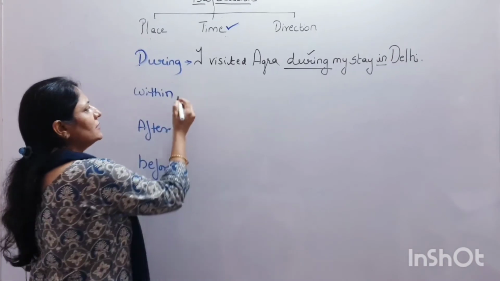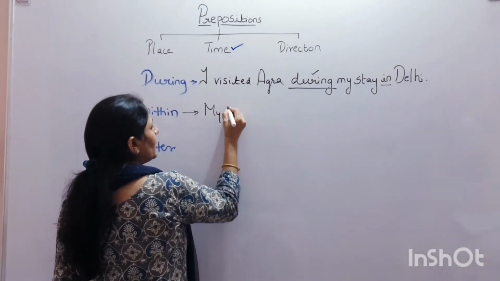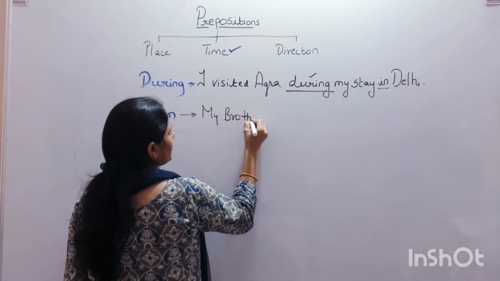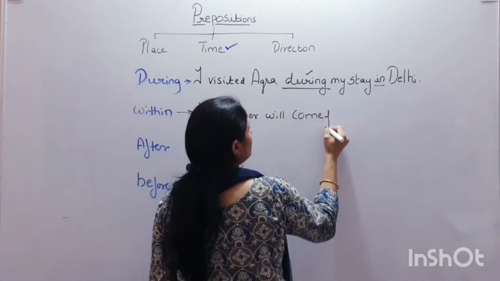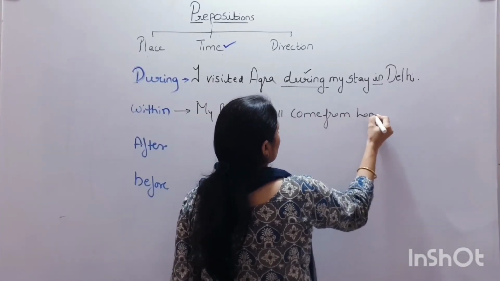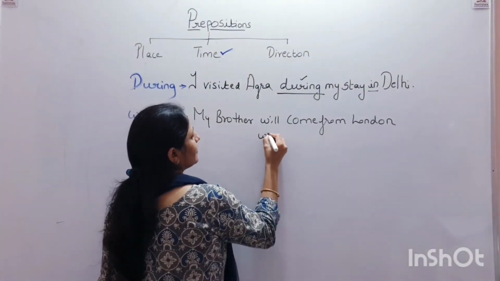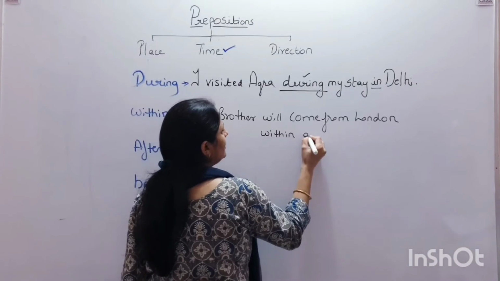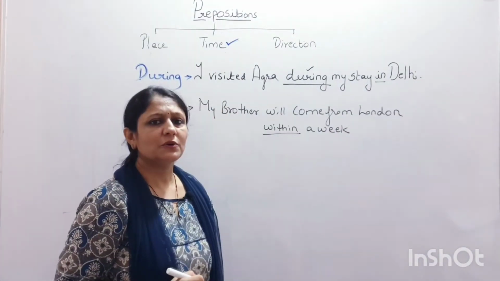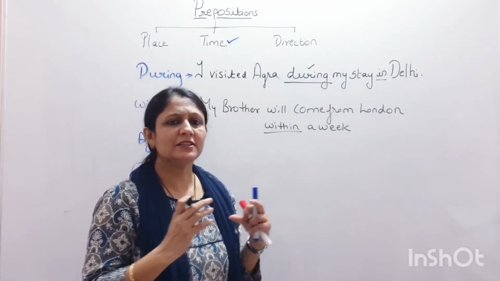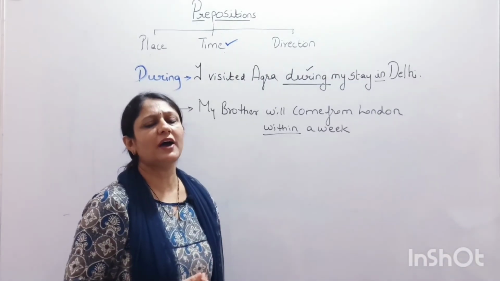Now let's make the use the example within. Now my brother will come from London within a week. Now this preposition within specifies a duration when my brother will be back.